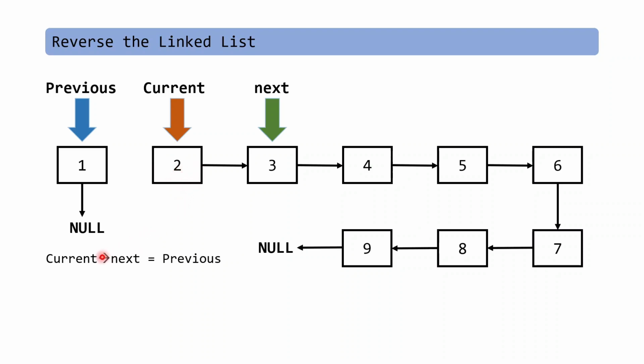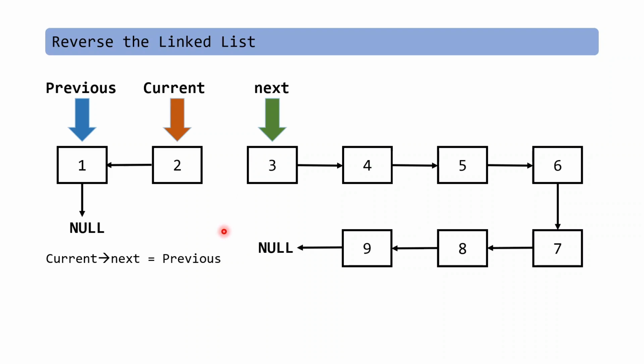I can use this statement, current arrow next equals previous, which means current arrow next points to this particular link, and I am creating this link as the previous node. So this link will become like this, and we don't have a link between 2 and 3.